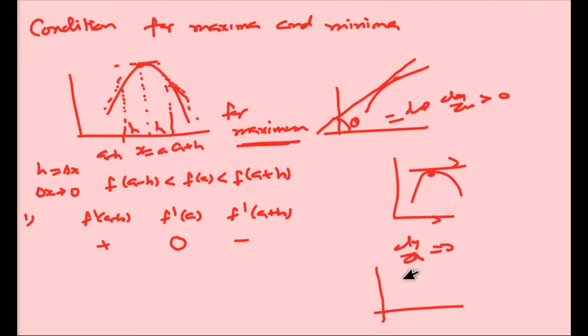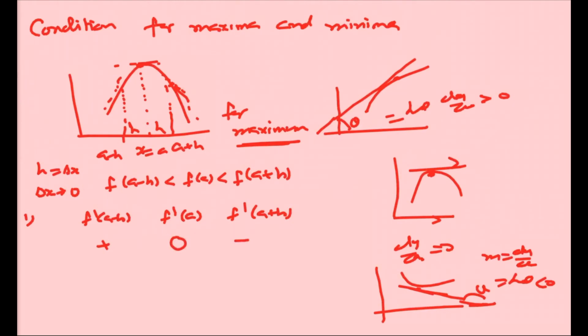And for this you can see here an obtuse angle, so slope dy by dx equal to tan theta is less than 0. That's why I am saying this one is positive, this one is 0, and this one is negative. So it is clear for maximum point, right? Student understand? The change of sign is positive, 0, negative.